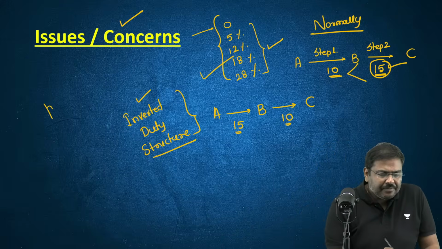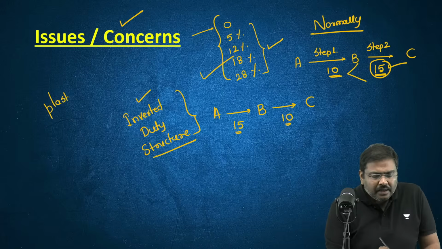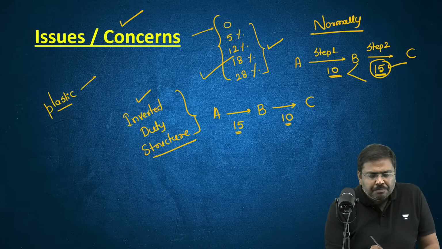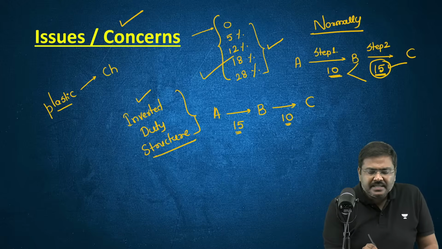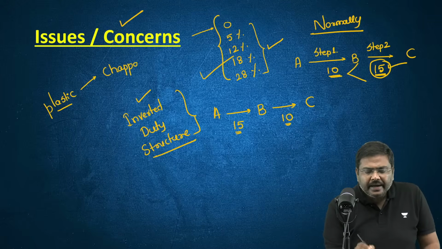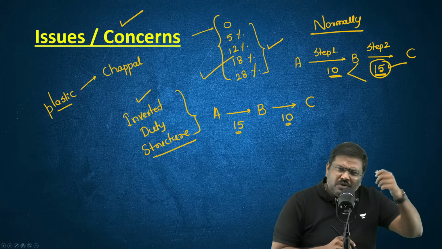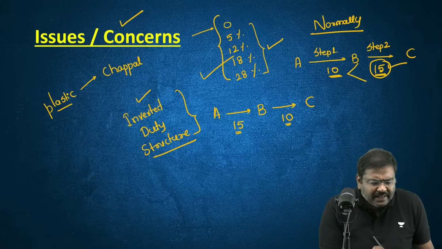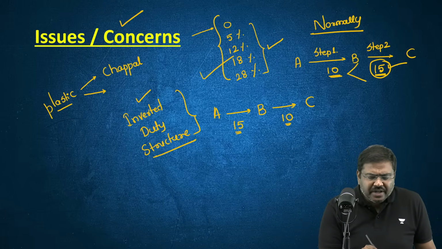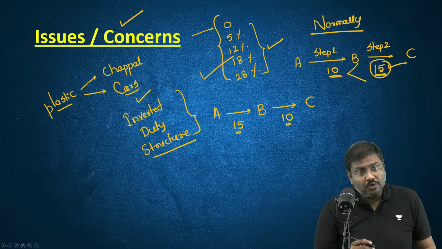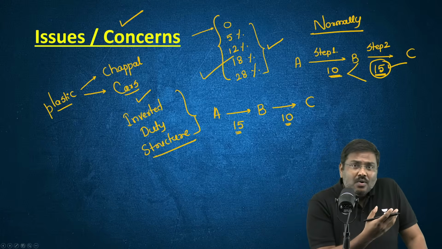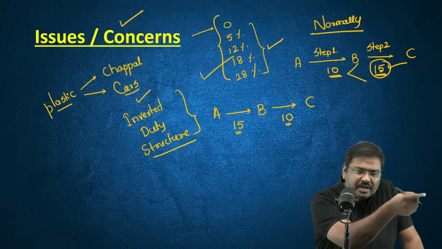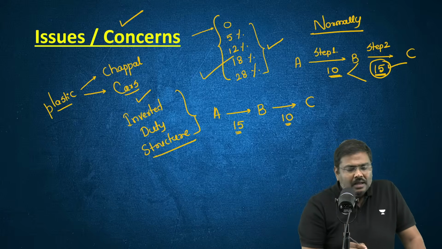Let's say plastic. Can the plastic be used to produce Hawaii chappals? Yes. Can the plastic also be used in manufacturing of cars? Of course, yes. So now the same input is used in producing two different goods.